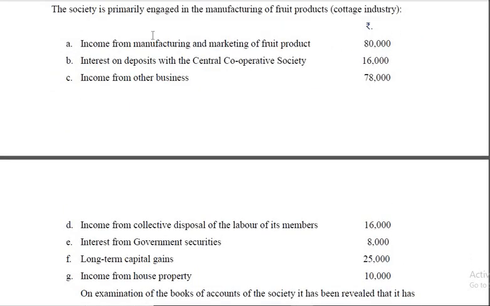Okay, let us see the items. Income from manufacturing and marketing of fruit product. So this is an item of business income. Interest on deposits with Central Cooperative Society. Okay, this will come under income from other sources. Income from other business. So this will come under business income.